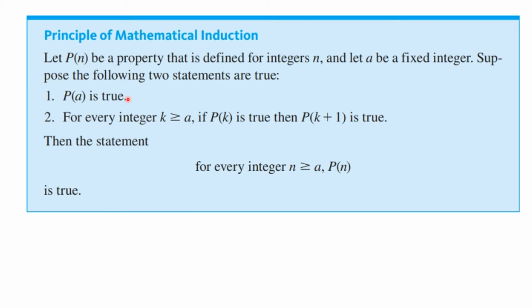And for every integer k bigger than or equal to a, whenever P of k is true, then P of k plus 1 is true. That means the truth of this one forces the next one to be true. Then, if you have both of these conditions, then for every integer n bigger than or equal to a, P of n is true. And that means you've proven this for an infinite number of integers. This is pretty heavy, so think about it.